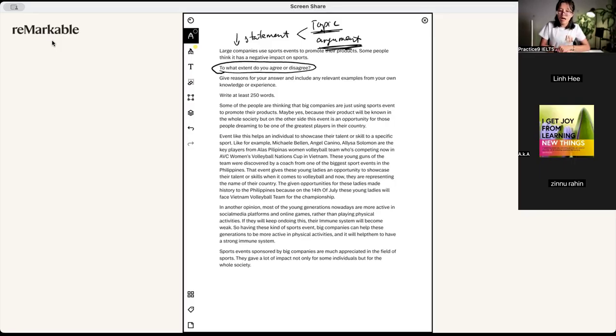Now, in my personal opinion over here, I 100% agree with the statement. What about you? Do you agree or do you disagree? Or do you want to follow the partial, the 50-50 path? Which one do you want to follow?